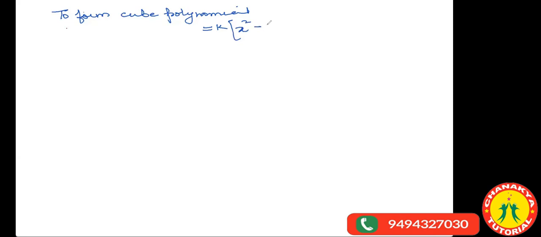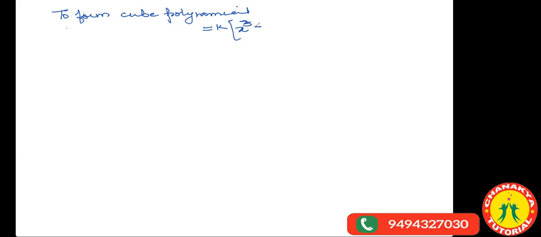Before that, I want to tell you how to form a cubic polynomial. The formula will be k times, see children, x cube minus, because we are talking about cubic.